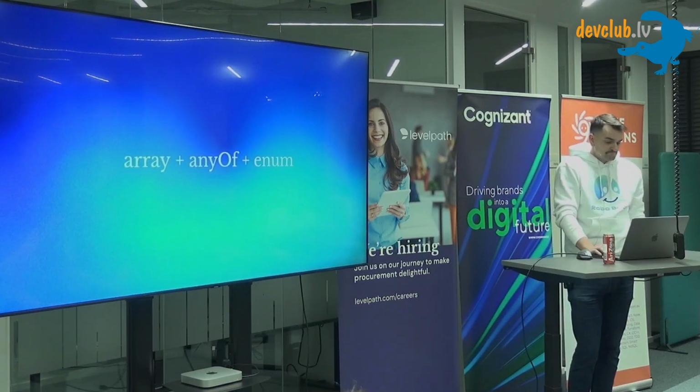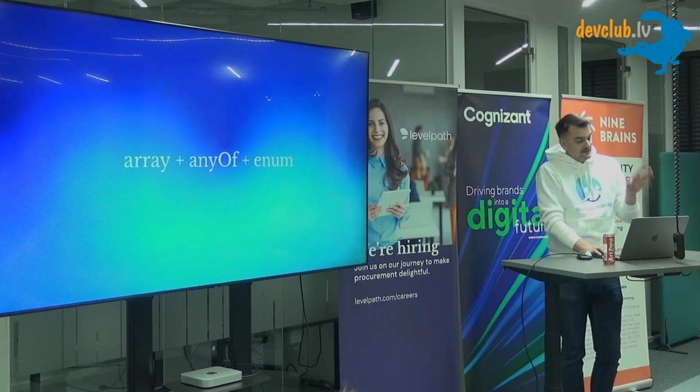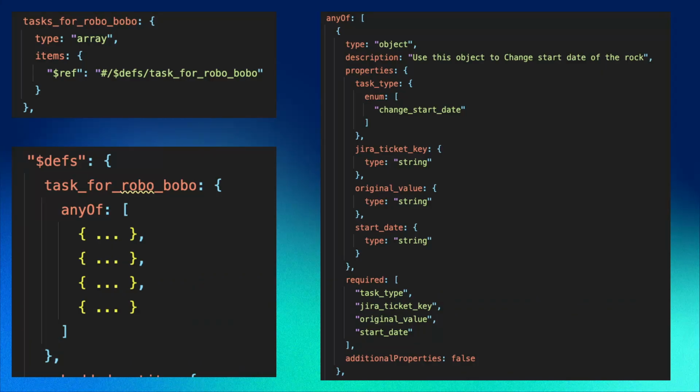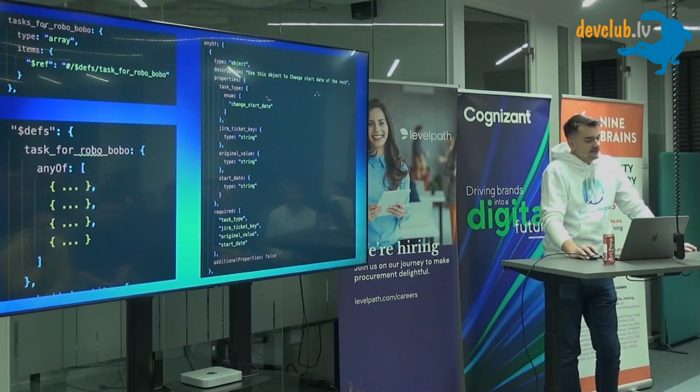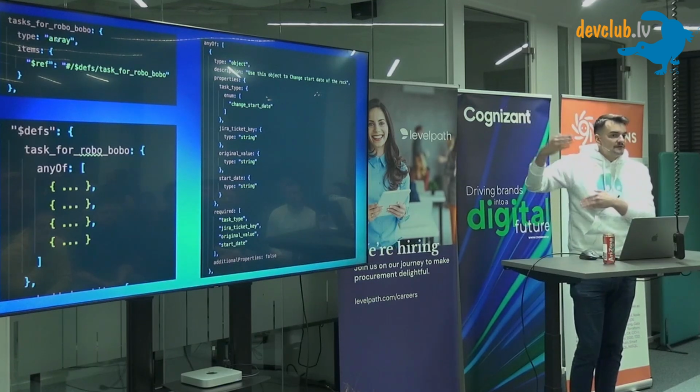A really flexible, robust, and also, I would say, a little bit clever approach is a combination of array, anyOf, and enums in order to describe your actions. Let's see how it works. So we describe that RoboBobo can return a response describing an action, here called tasks, in an array. So with each return from RoboBobo, multiple actions of different types can be returned.